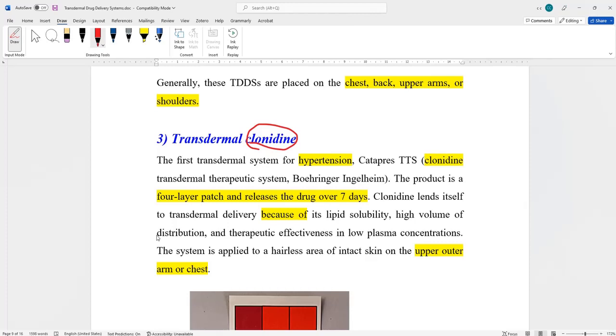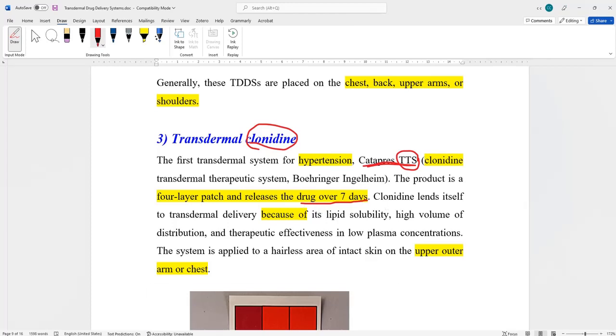It's available as a product called Catapres-TTS. TTS means transdermal therapeutic system. Okay, you will see this TTS a lot. So we have transdermal drug delivery system and we have transdermal therapeutic system. This patch is applied and releases the drug over 7 days. And every week you will change it once.